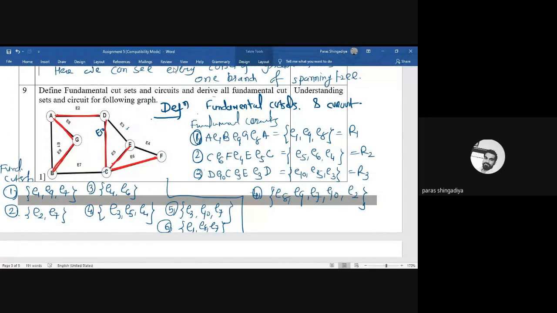Clear? Where E7 is the only chord and the remaining four are branches. So this way we can check the fundamental circuit.